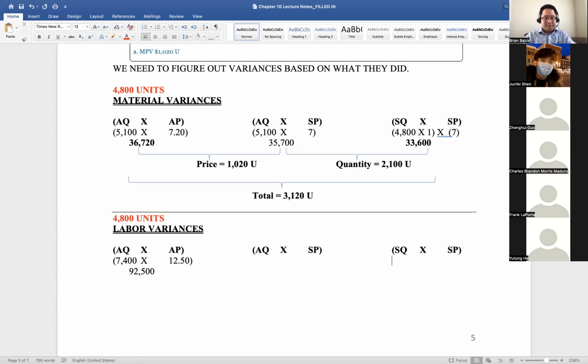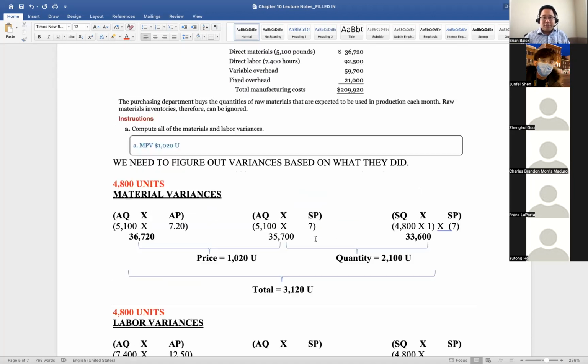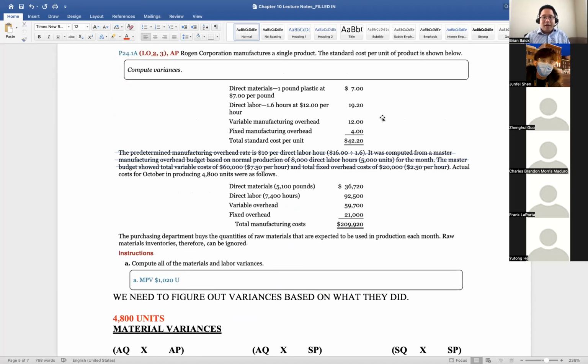Okay, good. Standard quantity. This is the one that's the trickiest. Okay, so we're trying to make 4,800 units. 4,800 times, how many hours of labor are you supposed to use for each unit? Let's go back here. How many hours are you supposed to use per unit? For one unit, you're supposed to use 1.6 hours, see? 1.6.